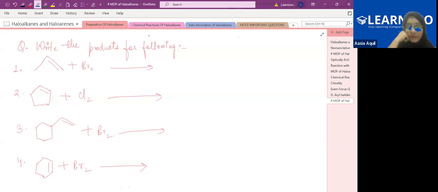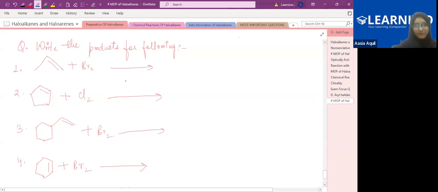Yes, ma'am. Ma'am, we'll place Br on the second position. Suppose this is the first position, this is second. On the second carbon position? Are you sure? Yes, ma'am. Rimda, see.